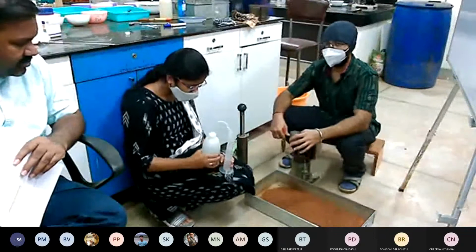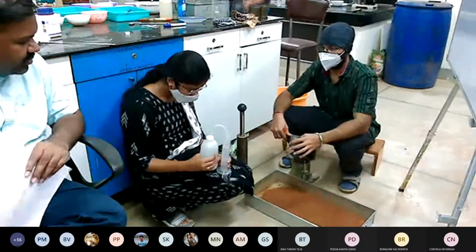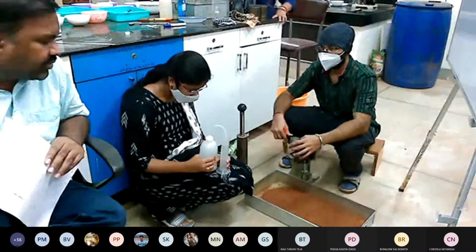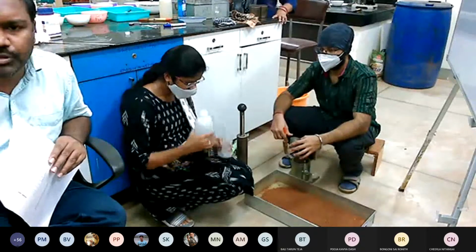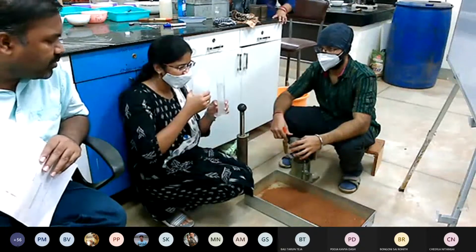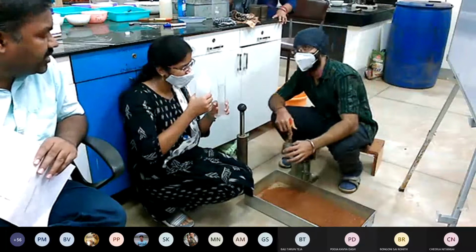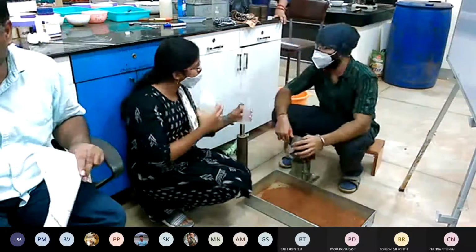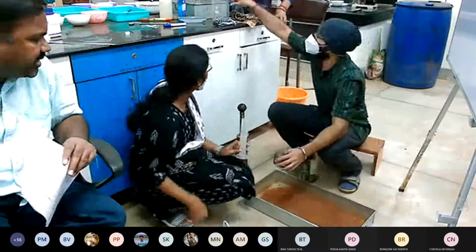Actually, we will directly start with 5%. So just calculate yourself. We are initially taking 5% moisture content. Now we have taken soil of 3 kg. So 3000 multiplied by 5%.